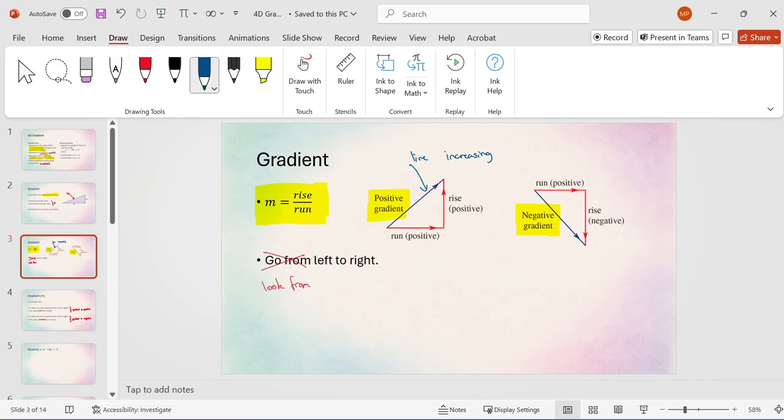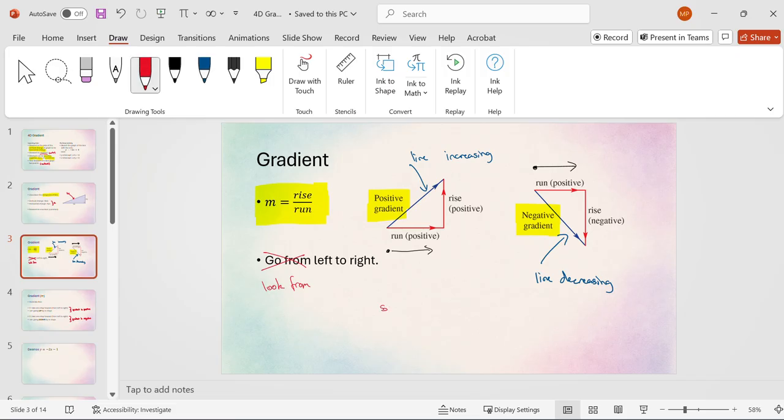So we're looking at it from this side here, and if I go across like that, I can see that my blue line is going higher and higher every single time. So this means this is a positive gradient. Now let's just go again. If I look at my second graph and go from left to right, I can see that my blue line is decreasing. That means my gradient is going to be negative.